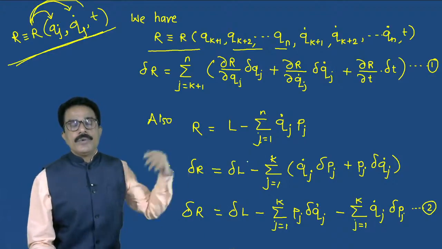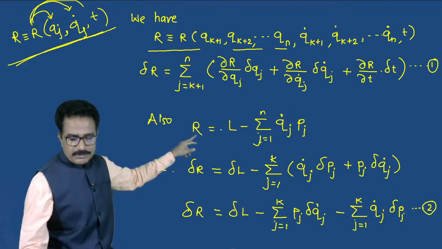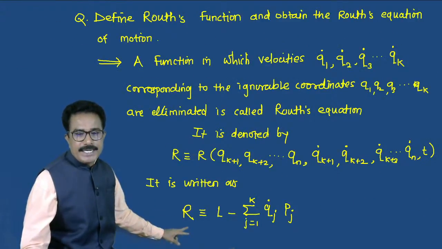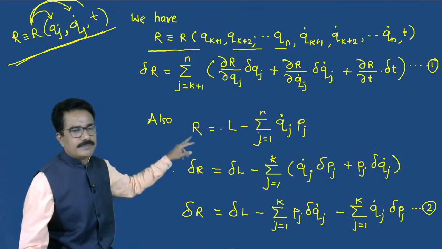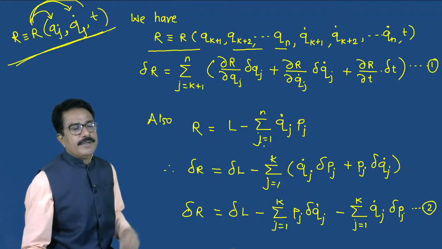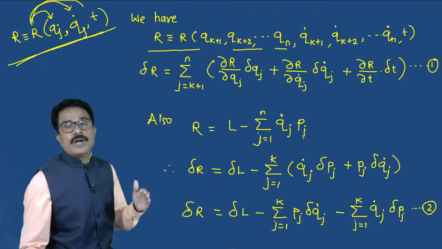Also we can express R in terms of L. According to the definition of the Routh function, we can write R is equal to L minus the summation over j from 1 to k of qj dot pj.